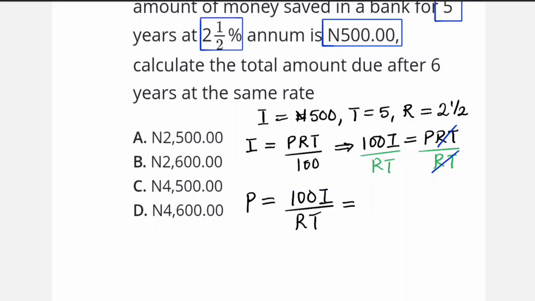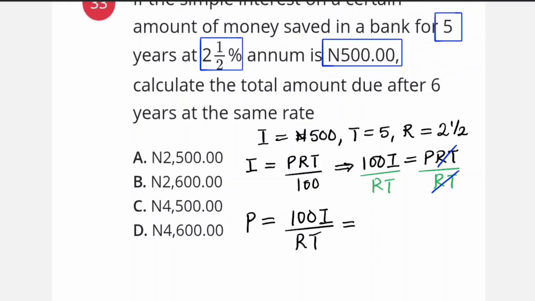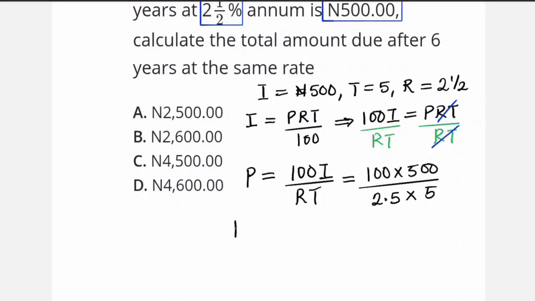So let's substitute to get the principal. Here, the interest is 500. So we have 100 times 500 all over the rate, which is 2.5 times 5. 100 times 500 gives us 50,000, divided by 2.5 times 5, that gives us 12.5.